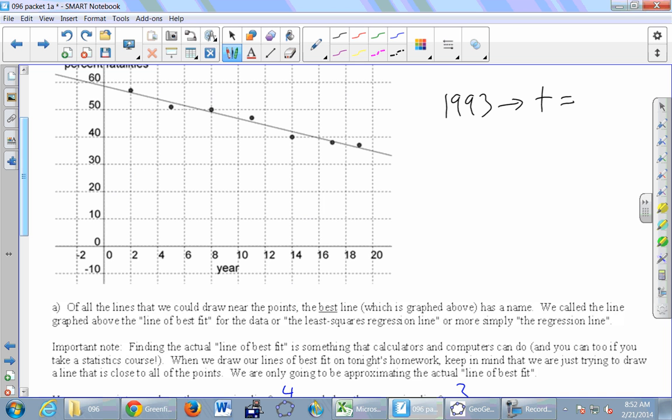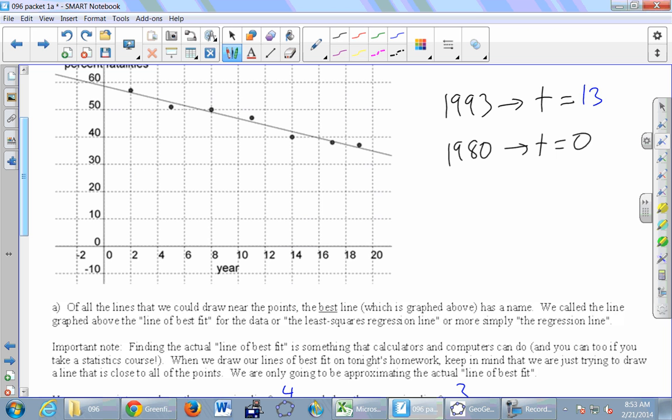So 1993 is what number? Is 13, right? Because 1980 was 0 and 1993 is 13 years later. So really we're asking about what's going on in this graph at t equals 13.